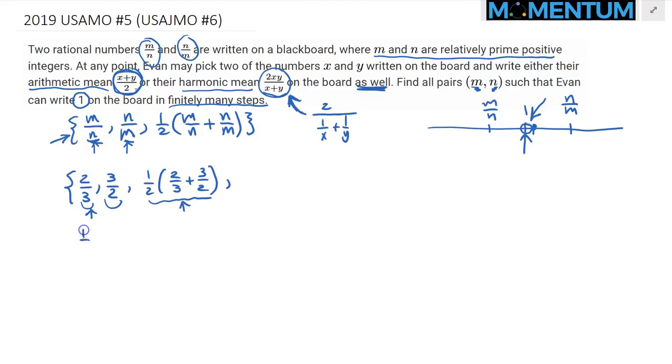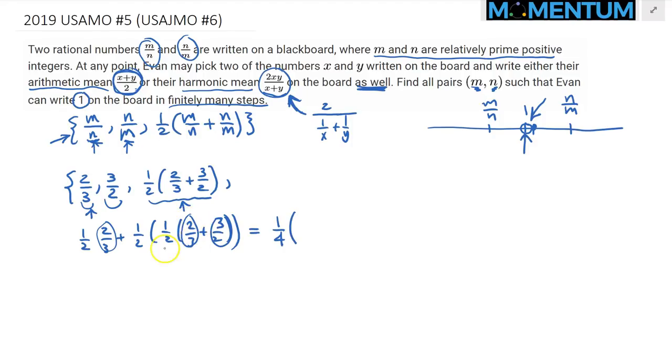Let me do it elsewhere here. So 1/2 of 2/3 plus 1/2 of 1/2 times 2/3 plus 3/2. I guess it's clear. Because I want to express everything in terms of 2/3 and 3/2, I can factor out 1 over 4.